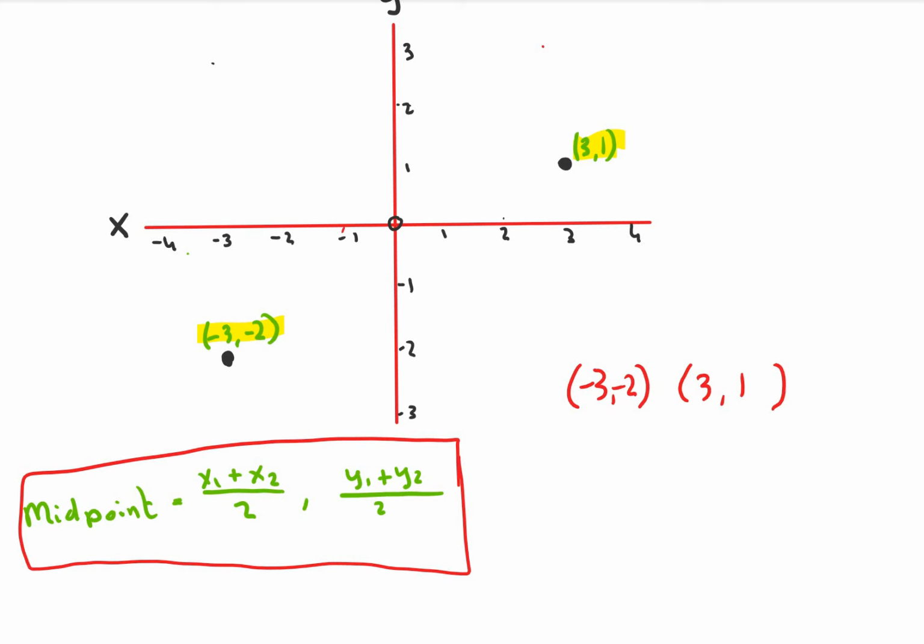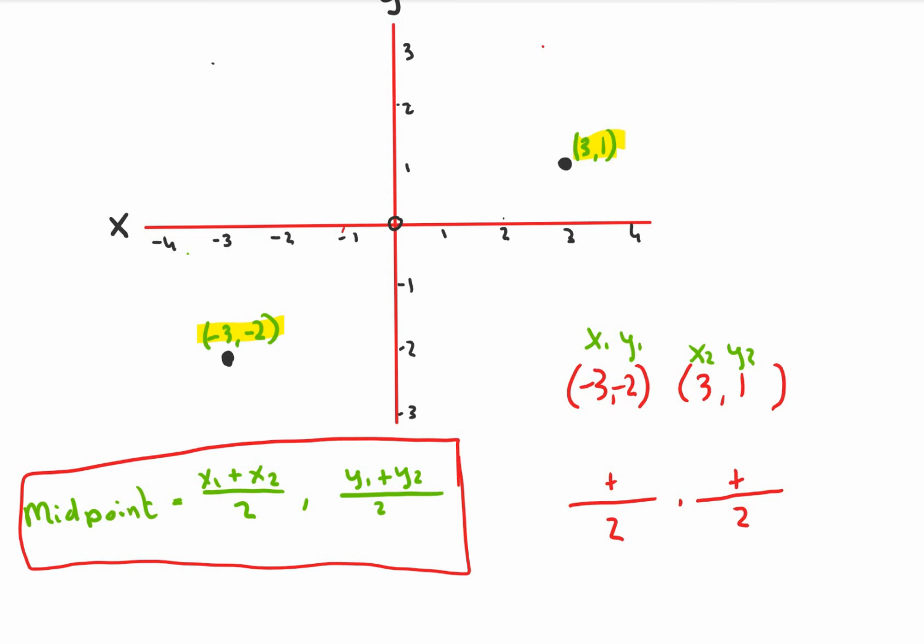The next step, I label my points x1, y1, x2, y2 in that order. And now I put it into my formula. Mightn't be plus, we'll see. Actually, we will put in the plus.